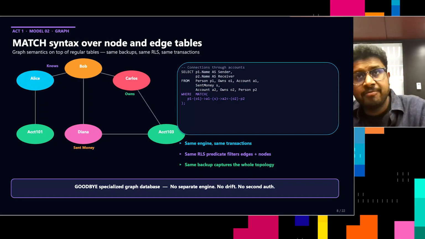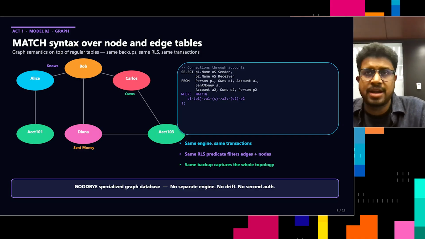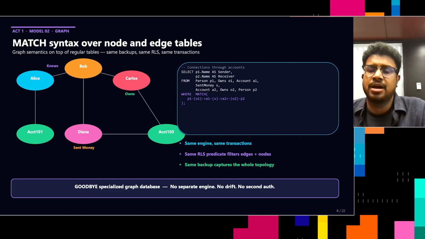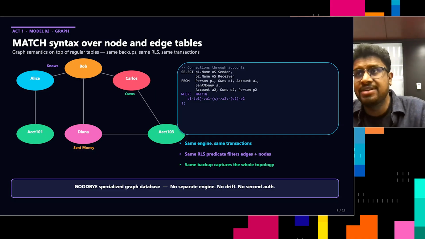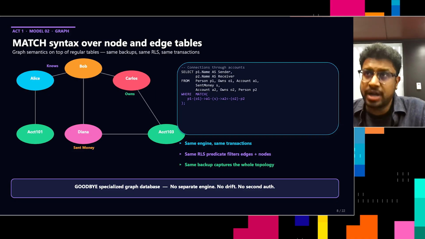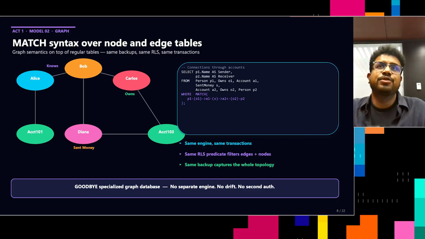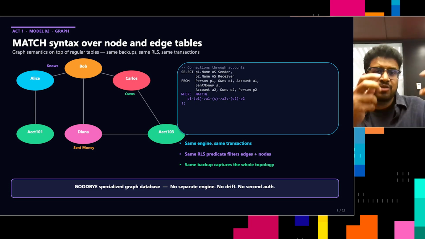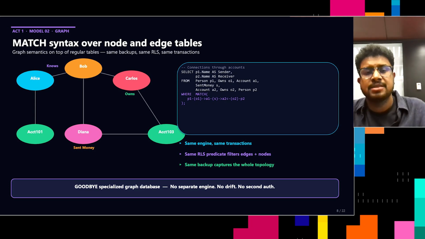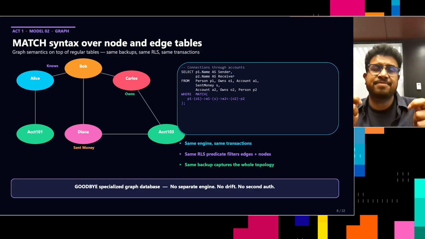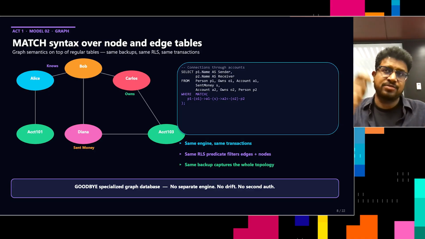Now, since forever, as I said, we have invested in Graph, and you have Graph in Microsoft SQL. You can do MATCH, the syntax is natively supported, and the query optimizer understands this MATCH and gives you the perfect plan required for it. That way Graph is inbuilt in Microsoft SQL itself.